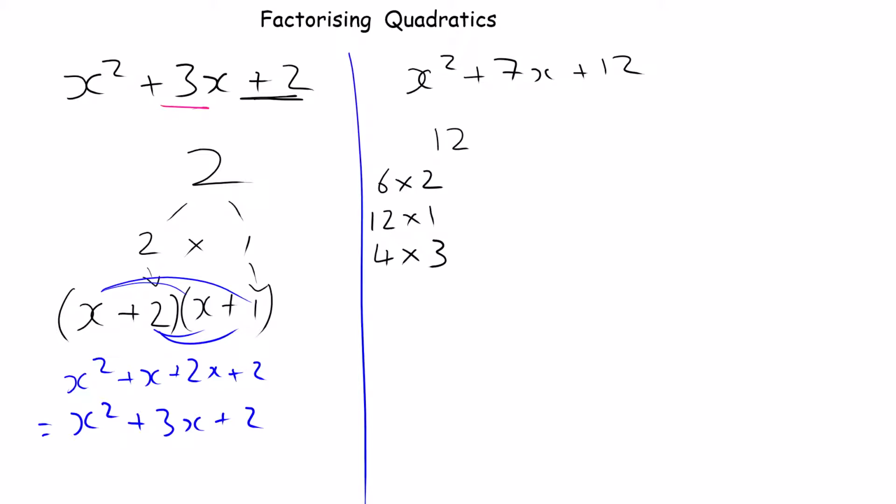So we now need to find which pair of factors will add to make 7. If we start here, 6 plus 2 is 8, so no. 12 plus 1 is 13, so no. But 4 times 3 is 7. Sorry, 4 plus 3 is 7. So we are going to have 4 and 3.